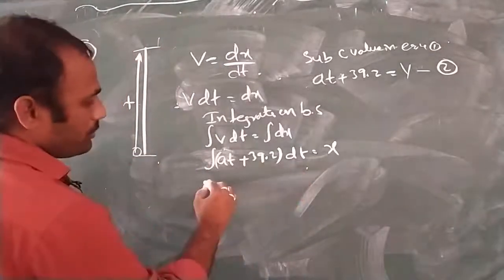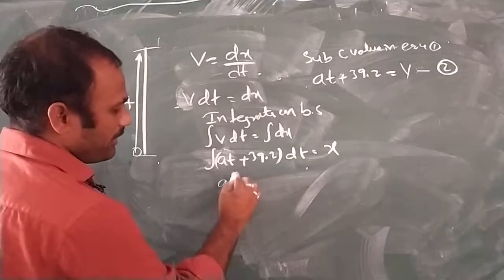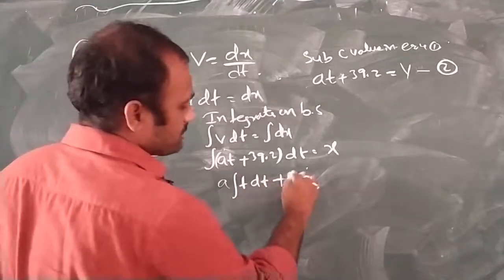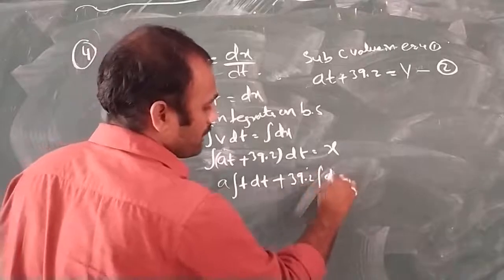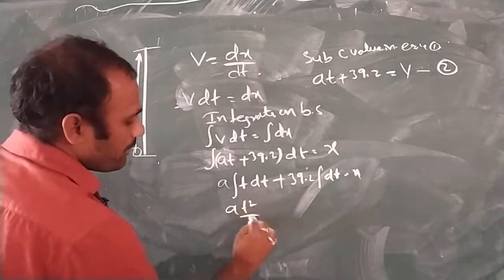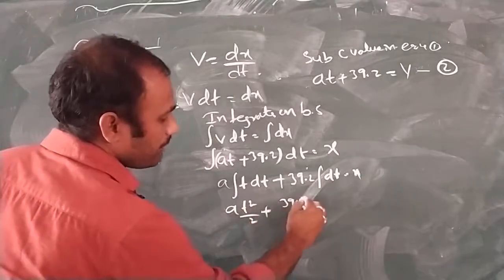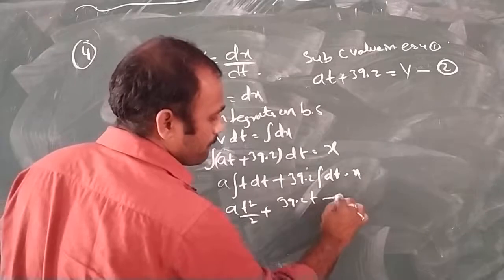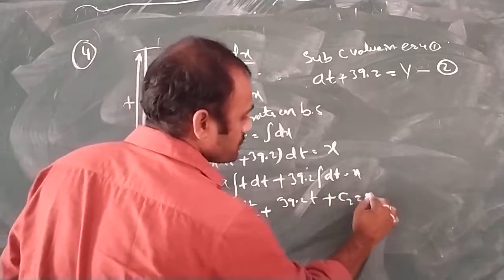So if I do the integration, it will be a integral t dt plus 39.2 integral dt is equal to x. So a t square by 2 plus 39.2 t plus c2 is equal to x.